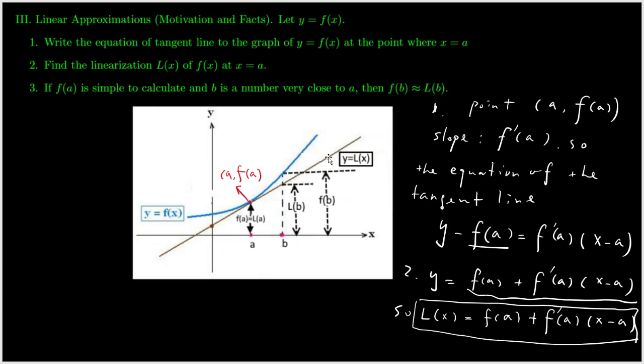Again, I want to repeat. Okay, when the value of the function at a is simple to compute, and also when b is a number very close to a, and then we can use the value of the linear function at b to approximate the value of the function at b. I will make this point over and over again using some particular questions. Okay.